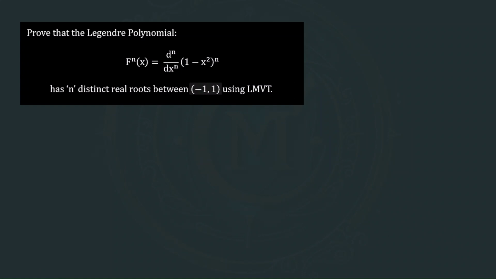Prove that the Legendre polynomial fn(x) equal to the nth derivative of the function (1 minus x square) whole to the power n has n distinct real roots in the open interval -1 to 1 using LMVT. The actual Legendre polynomial looks like Pn(x) equal to 1 by 2 to the power n times n factorial, then the nth derivative of (x square minus 1) whole to the power n.